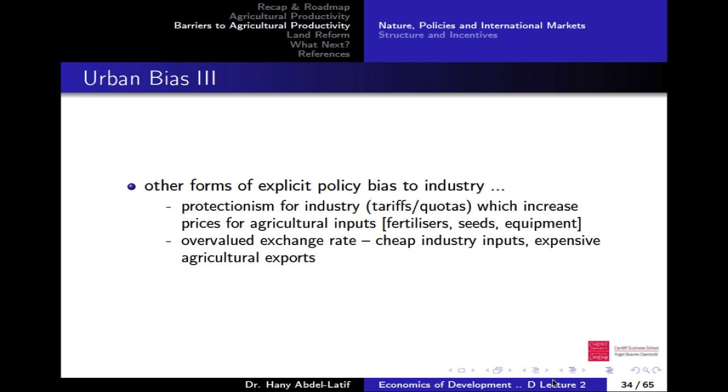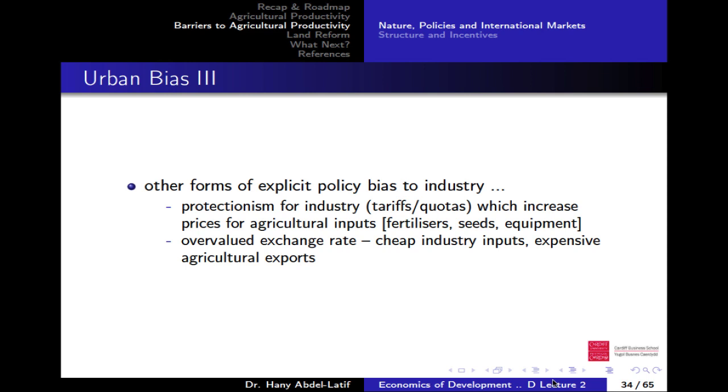Overvalued exchange rate. Again, for a similar reason. You try to buy cheap industry inputs, but that makes agricultural exports more expensive, and that means your farmers are not able to compete in international markets because your prices are too high.